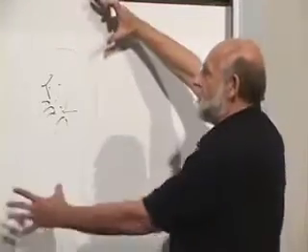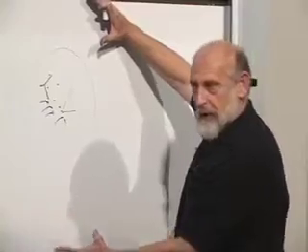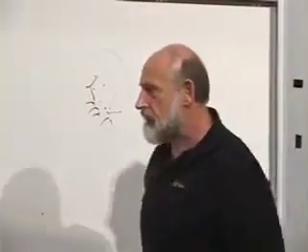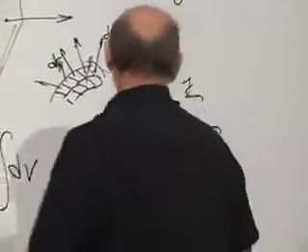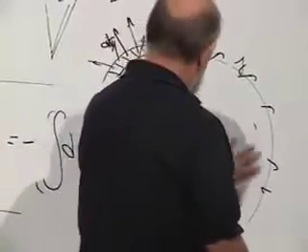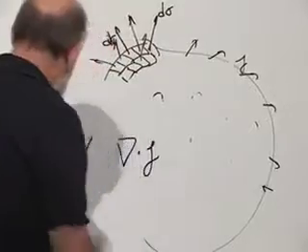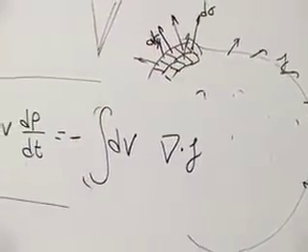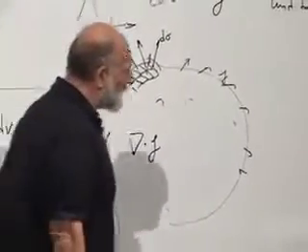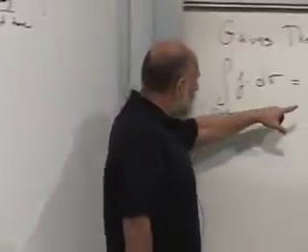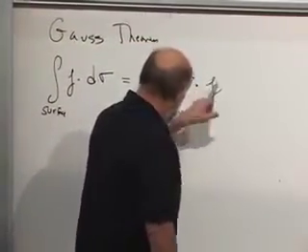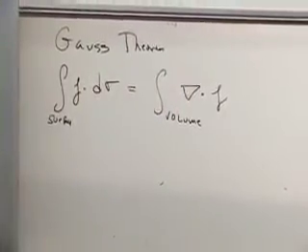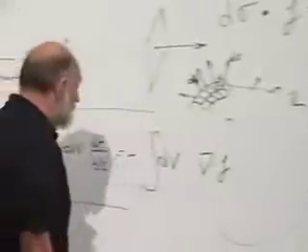It has to go out of the surface, and that's this expression here: the integral over the boundary of the surface flow is also equal to the integral over the interior of the volume of the divergence of the vector. So that's a general theorem about vectors.